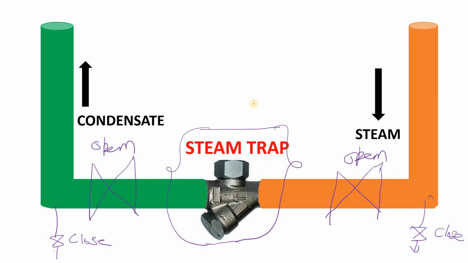Simply, this steam trap is in the line, and when you touch it after 4 or 5 minutes, you will feel it hot, so you can simply think that this steam trap is now in the line.